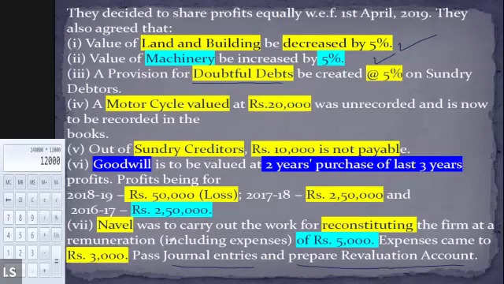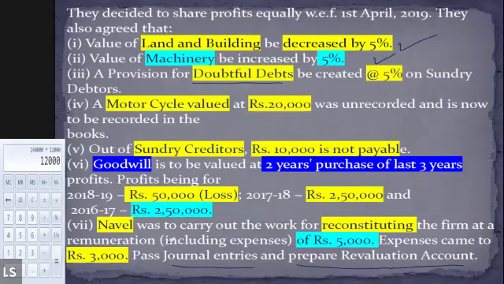If there is an unrecorded asset and we are going to record it in the books of account, is it going to increase the value of the asset for the business? Yes or no? Yes.